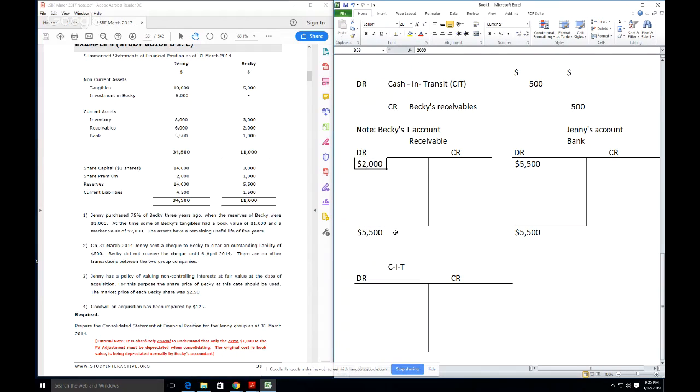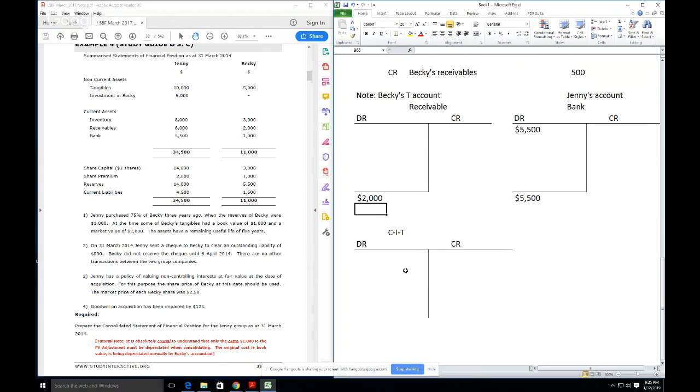At least we know this is 2,000. This figure is from here, because from the T account it is taken to the balance, which comes down here. The 2,000 is receivables here.